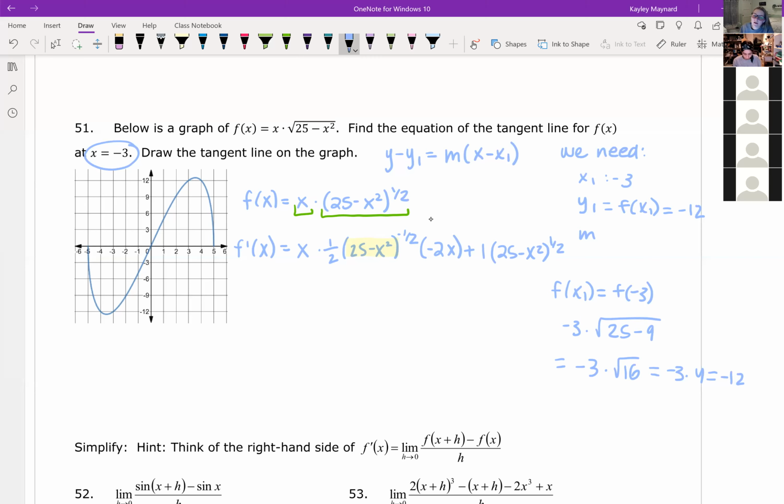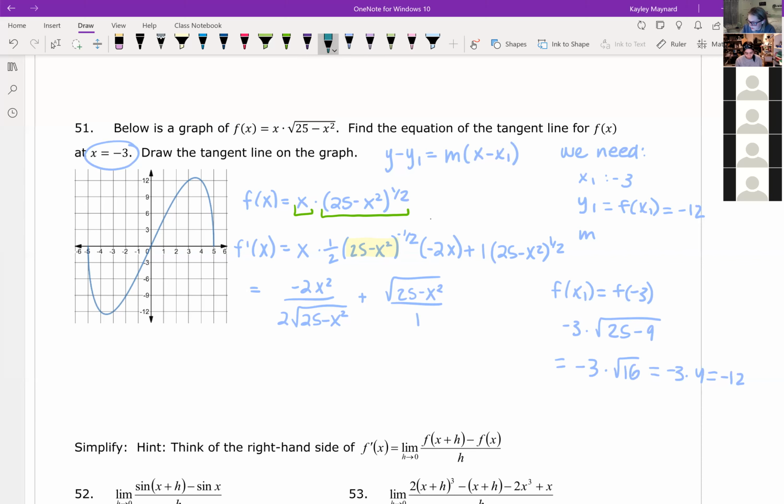Okay, so let's do a bit of simplification here. So this is equal to negative 2x squared over 2 times the square root of 25 minus x squared, plus the square root of 25 minus x squared over 1.